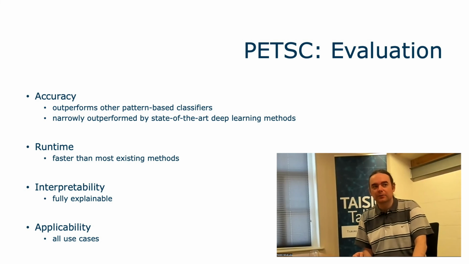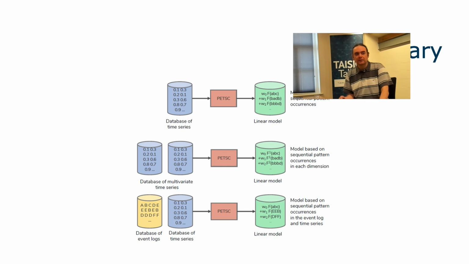It did do slightly worse. I say narrowly outperformed, but we did test on hundreds of data sets. And in fact, in about a third of them, our method outperformed the deep learning methods, which we were quite positively surprised by. And our method produced higher accuracy than any other pattern-based method.